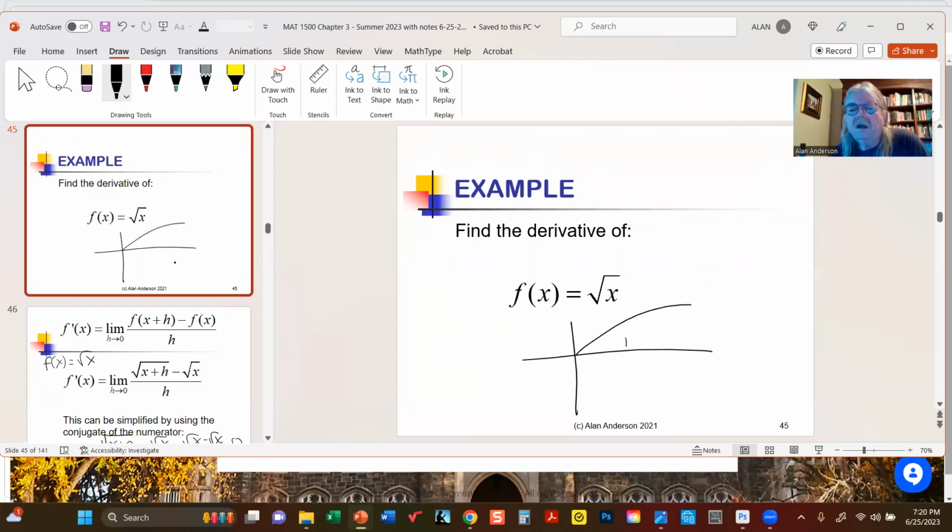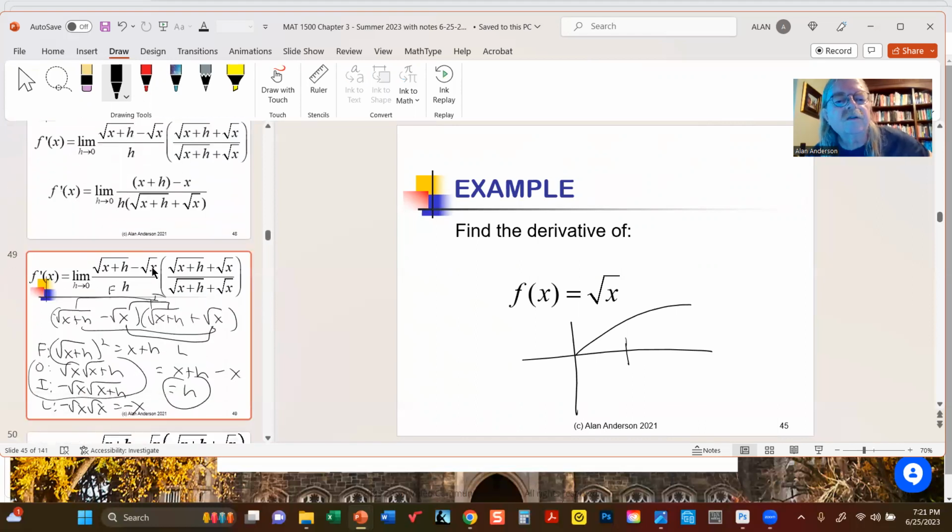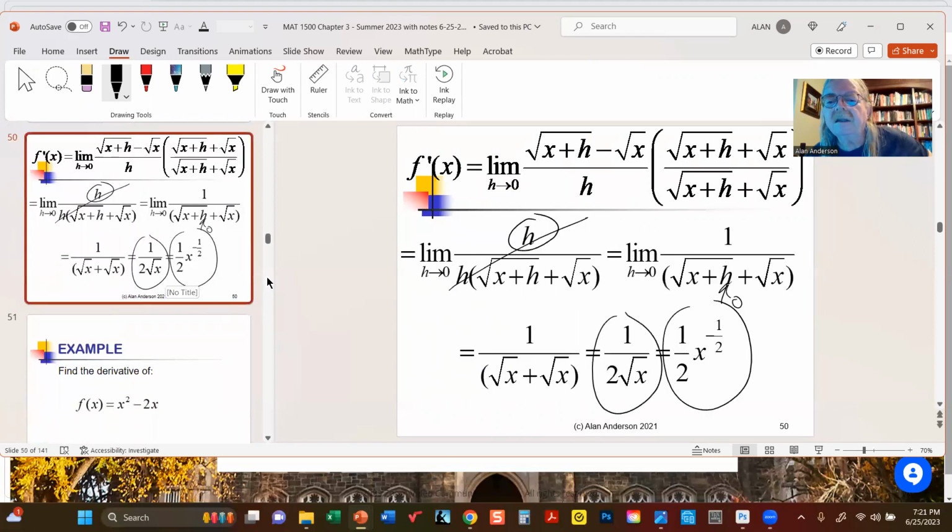So with that formula, whatever x is, I can find the derivative or the slope of the tangent line at that point with this function. I don't have to keep doing it for every individual point. I've got a formula that will work for every point on that function. Okay, good.